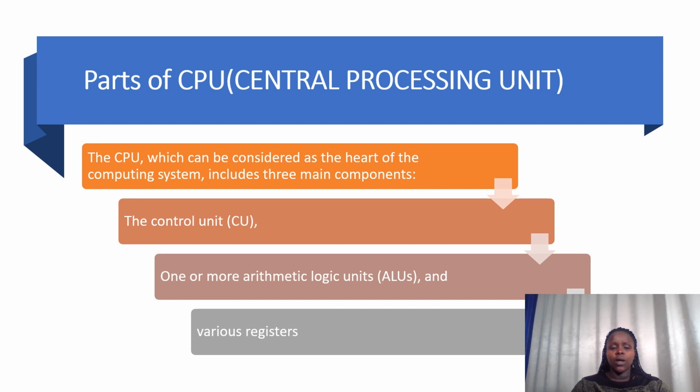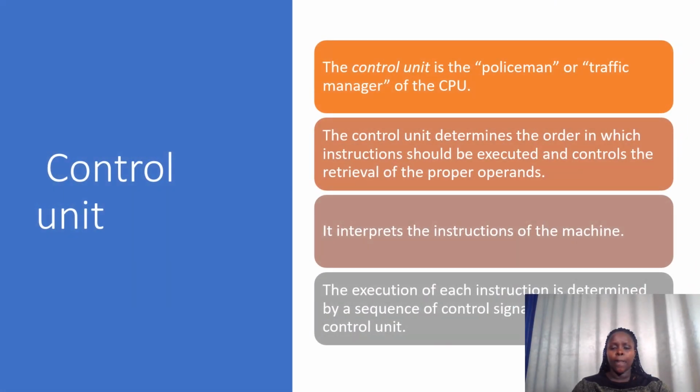The second one is one or more arithmetic logic units, and the last one is the various registers. Let's see them one by one, with more explanation of the role or function of each component in the process of instruction.